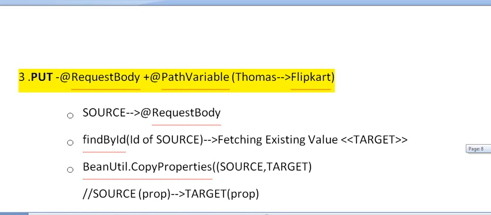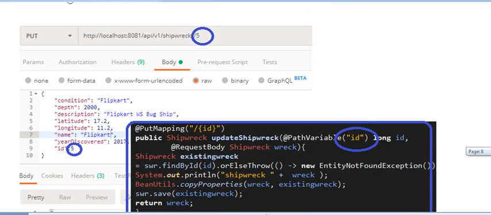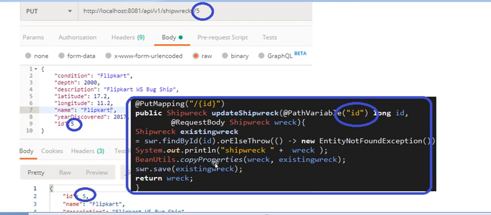Simple as that. From the source, all the properties go to the target, and the existing one you will get using the ID with findById. And now finally save it.